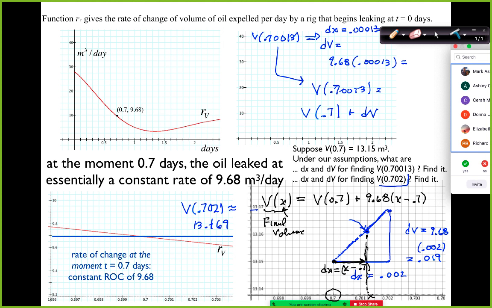Then the corresponding change in volume will be the rate times that dx, or 9.68 times x minus 0.7. To get the final value of the volume, add the initial. So now we just represented, with this equation, all correspondence points given any x in the moment, right? Given any x in the moment, we get the corresponding amount of volume at that time x.